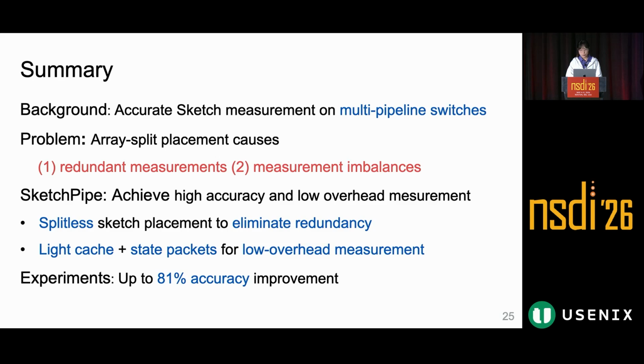SketchPipe addresses this problem with splitless placement and asynchronous measurement. And our implementation shows that SketchPipe achieves near ideal accuracy, improves accuracy by up to 81%, reduces errors by up to 2 orders of magnitude, and introduces only small overhead.